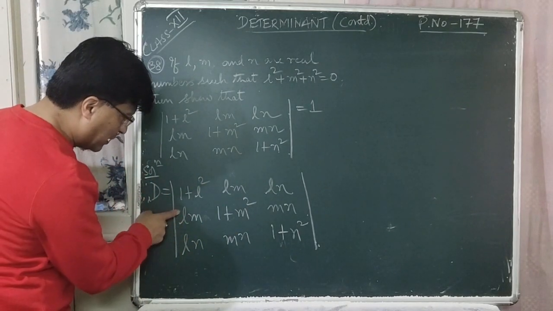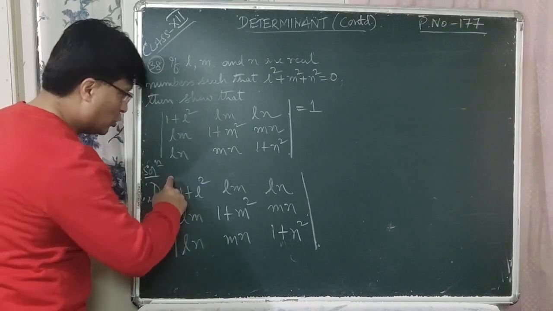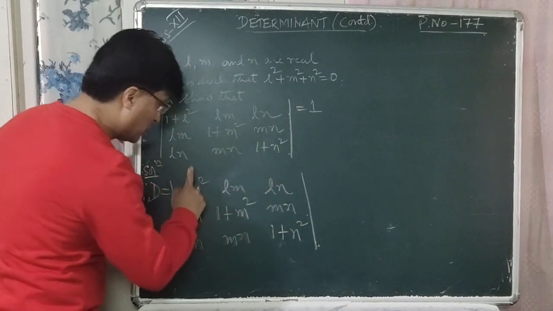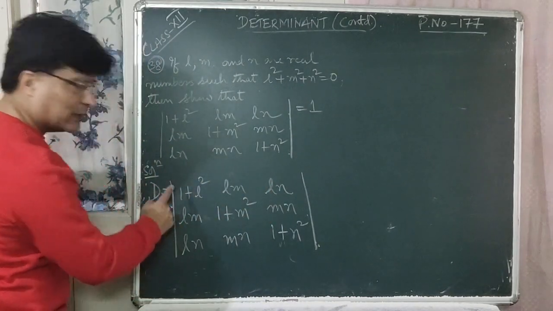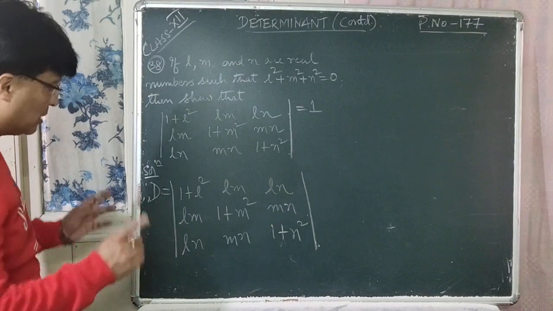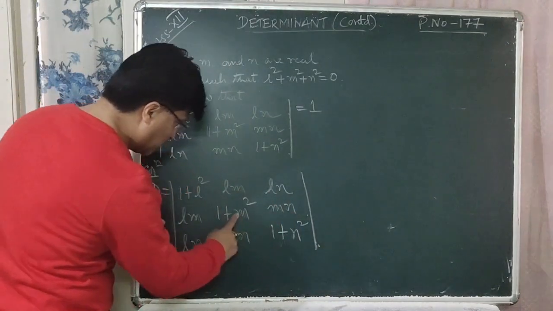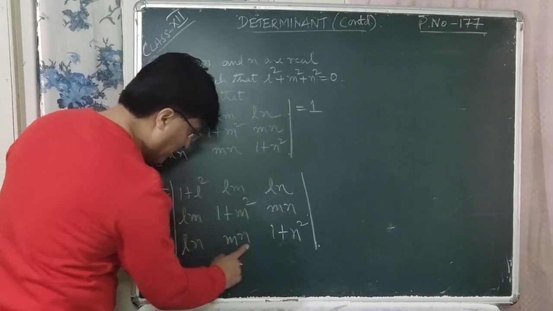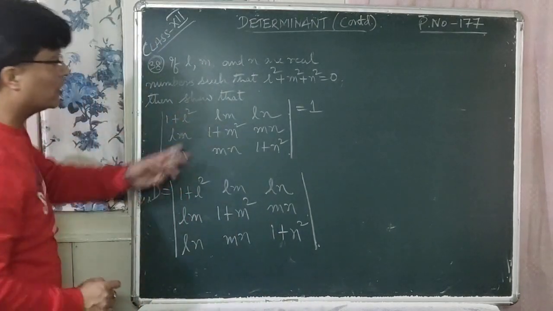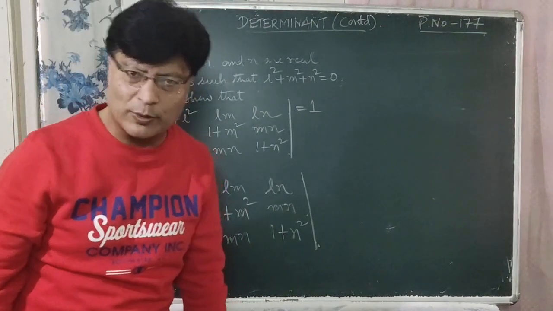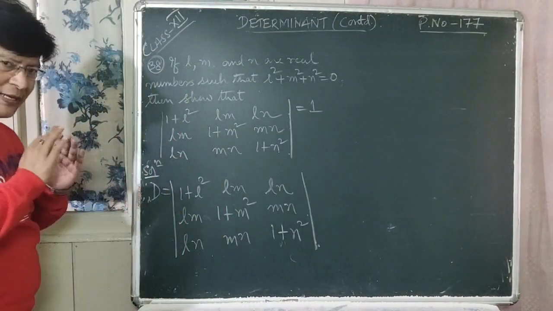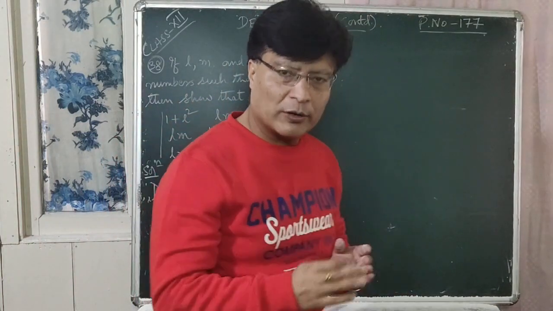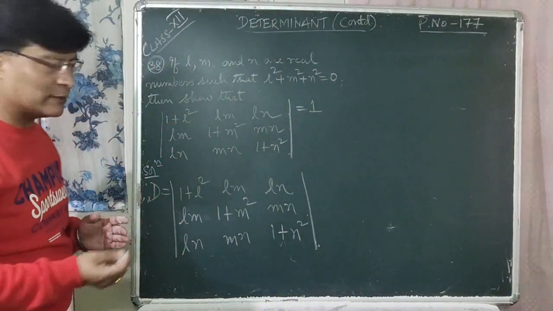Similarly, in the second column there is m square, and in the third row there is n square, because you should get l square plus m square plus n square. That means you can simplify either in terms of rows or in terms of columns, right?